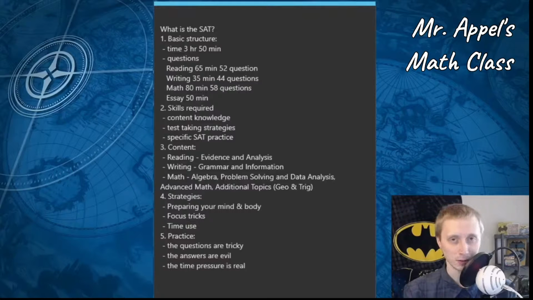Absolute nightmare. You have to practice the actual time pressure so that your body and your mind will be used to it. The time pressure is real, and it is a key component of the standardized test. They think that by giving everybody the exact same amount of time, that's called being fair. Not at all. But it's something we can overcome.